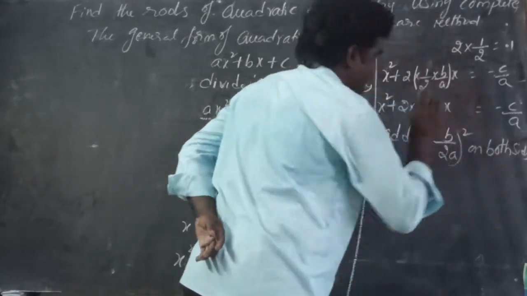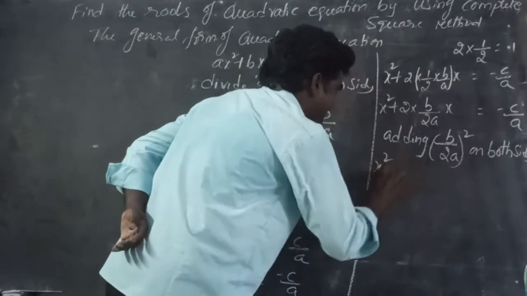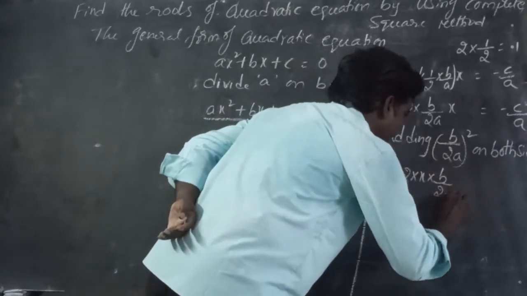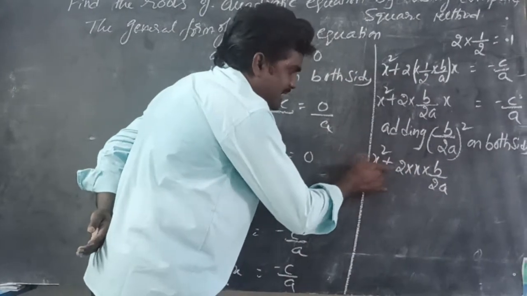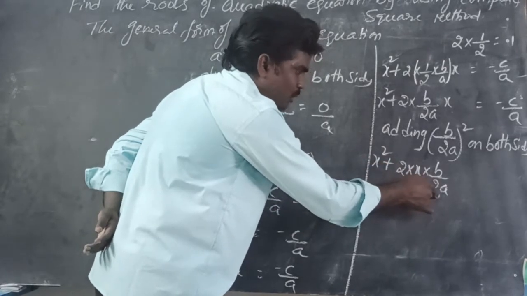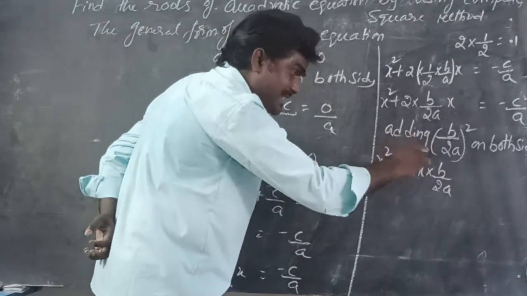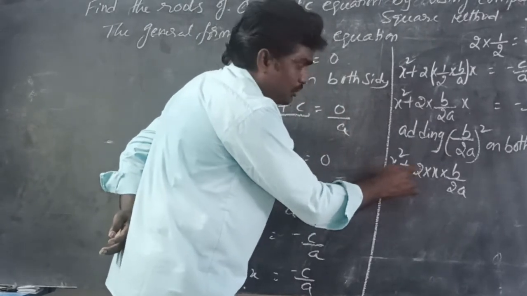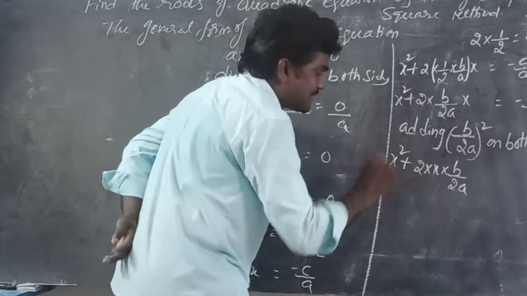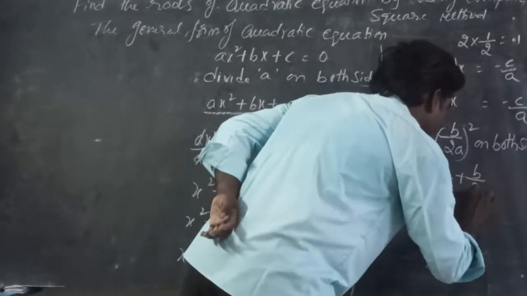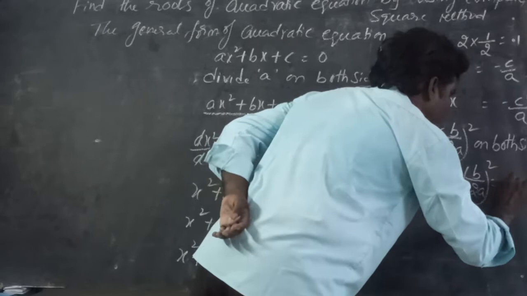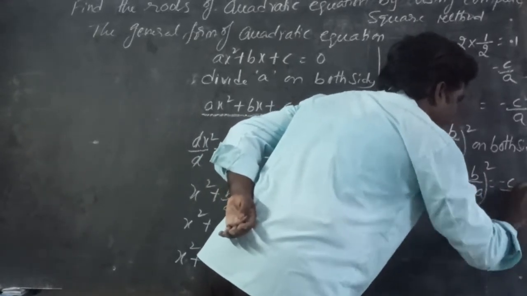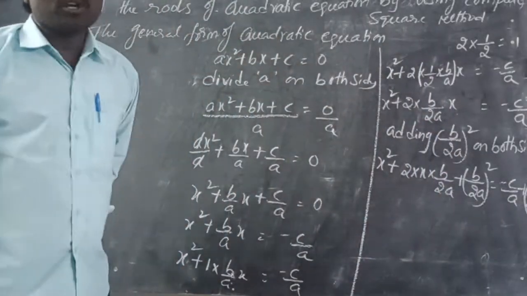On both sides. Then we can write x square plus 2 into x into b by 2a. Okay, a square plus 2ab. So which term is missing when it is a complete square? b square. a square plus 2ab plus b square, that is b by 2a whole square, is equal to minus c by a plus b by 2a whole square.